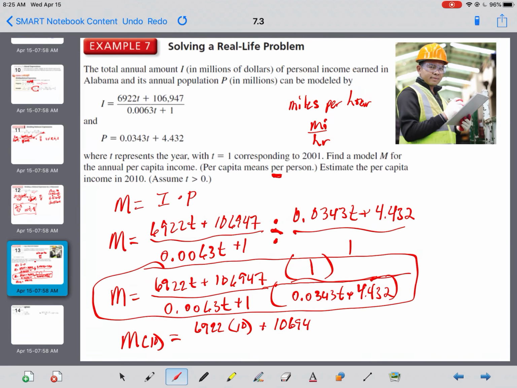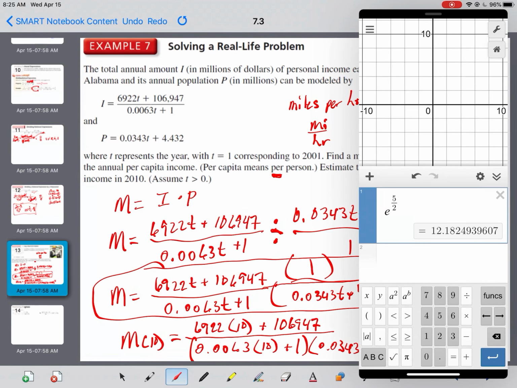So that means 6922 times 10 plus 106947 over 0.0063 times 10 plus 1 times 0.0343 times 10 plus 4.432.